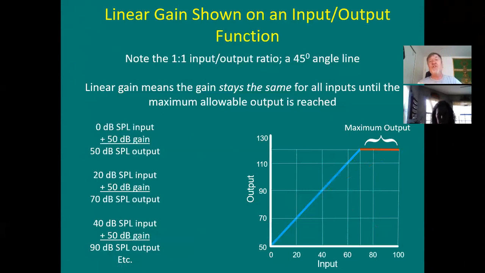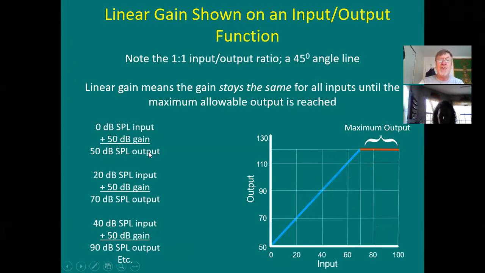Note the 1-to-1 input-output ratio, a 45-degree angle line. Linear gain means the gain stays the same for all inputs until maximum allowable output is reached.